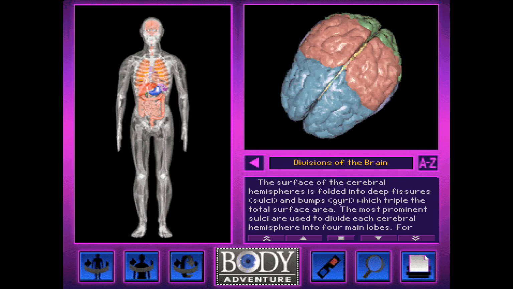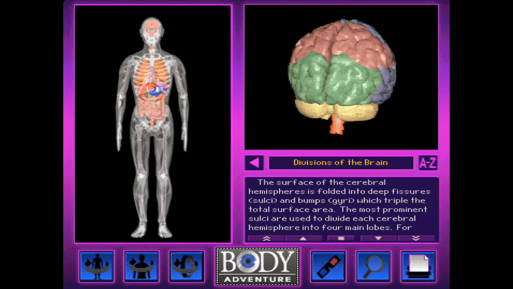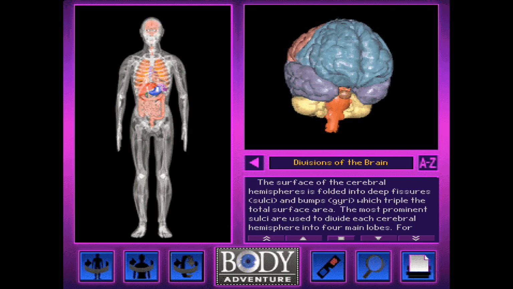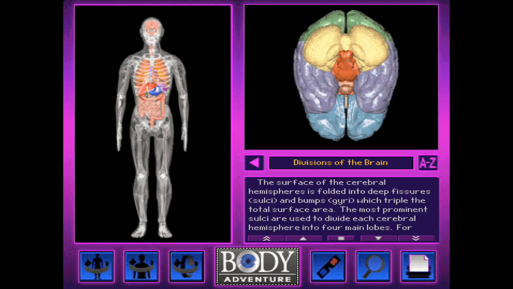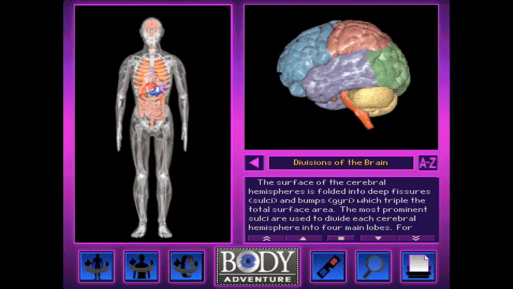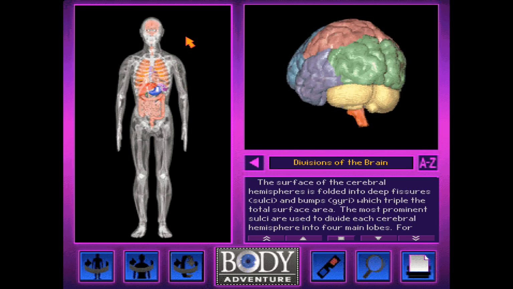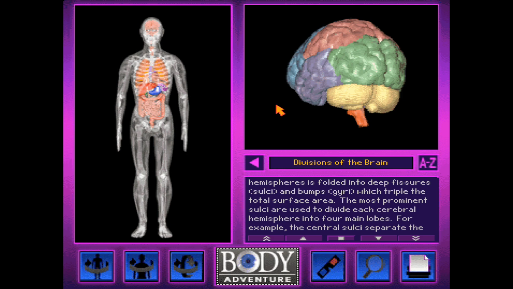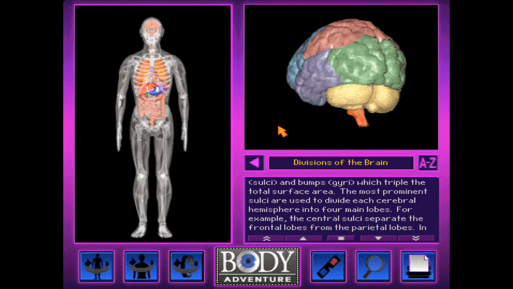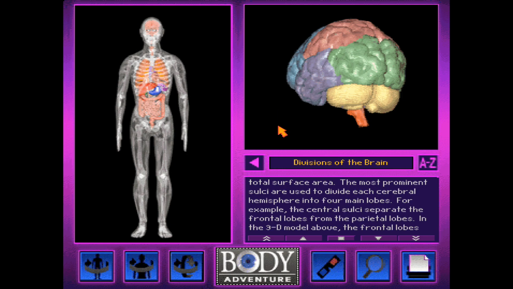Divisions of the brain. The surface of the cerebral hemispheres is folded into deep fissures, sulci, and bumps, gyri, which triple the total surface area. The most prominent sulci are used to divide each cerebral hemisphere into 4 main lobes.